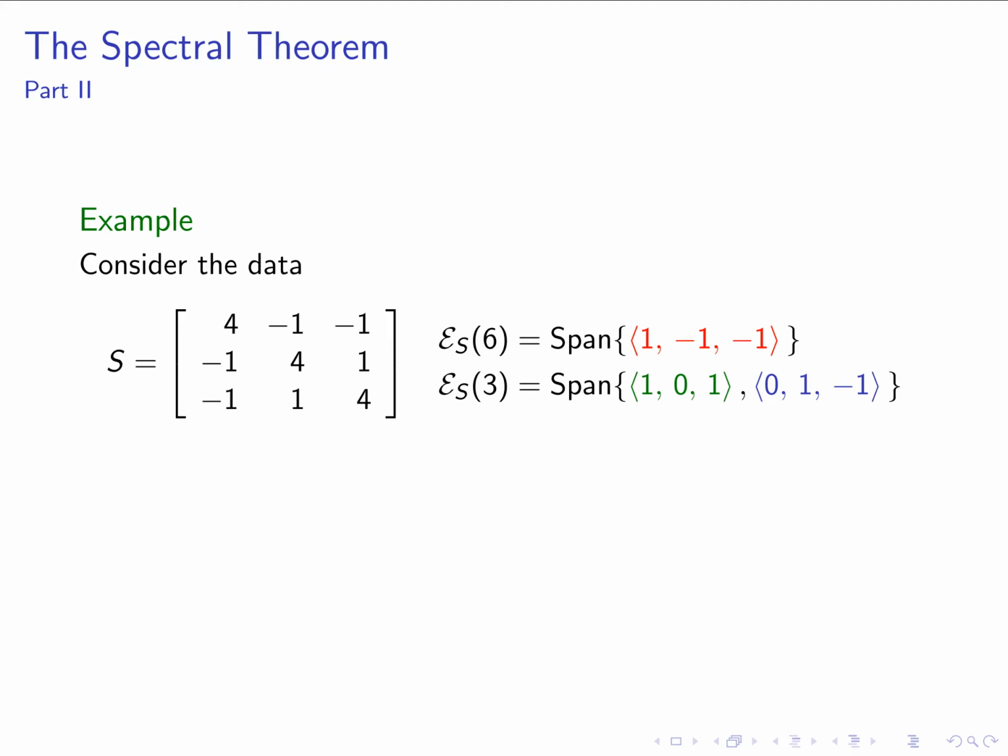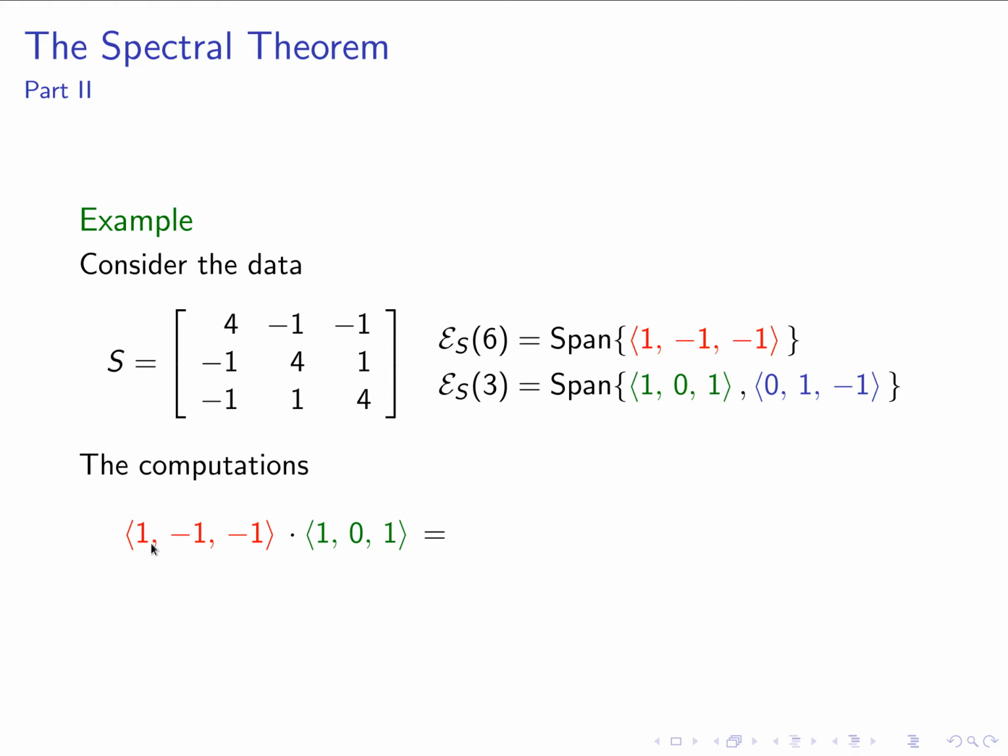So what the second part of the spectral theorem says is that these two eigenspaces should be orthogonal to one another. We can verify this ourselves by taking a dot product of the one basis vector for the eigenspace where lambda equals 6 with both of the basis vectors for the eigenspace where lambda equals 3. So our first dot product here should be between (1, -1, -1) and (1, 0, 1).